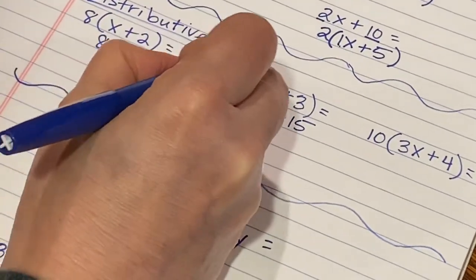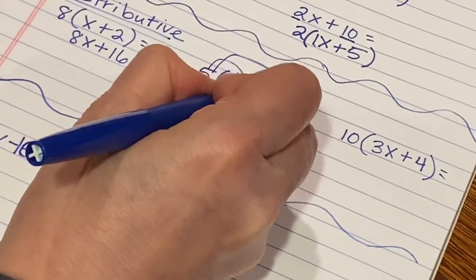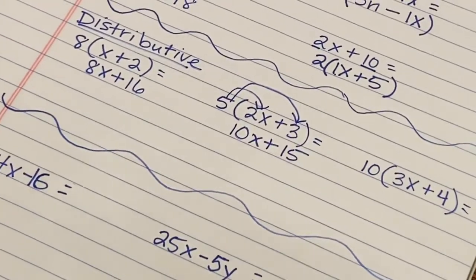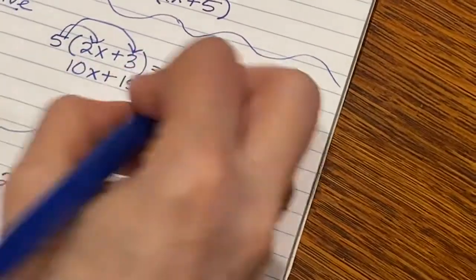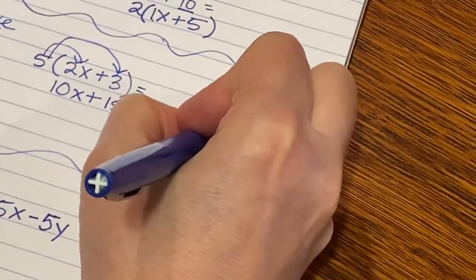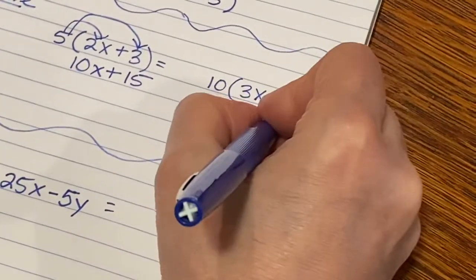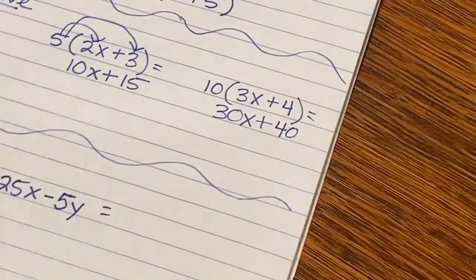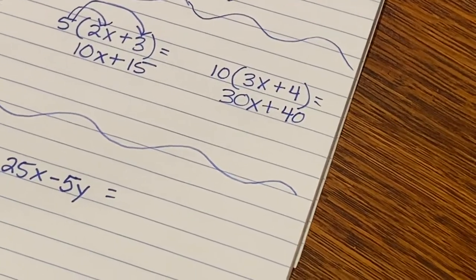See how I did 5 times 2x plus 5 times 3. All right, and finally the third one, 10 times 3x is 30x, plus 10 times 4 is 40. So we've got our equivalent expressions.